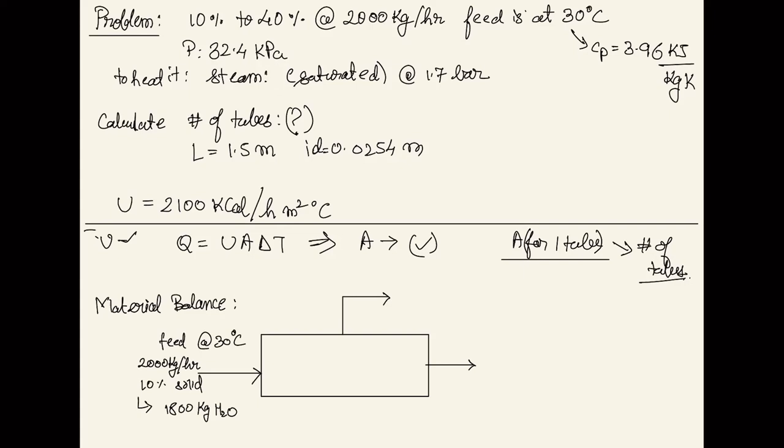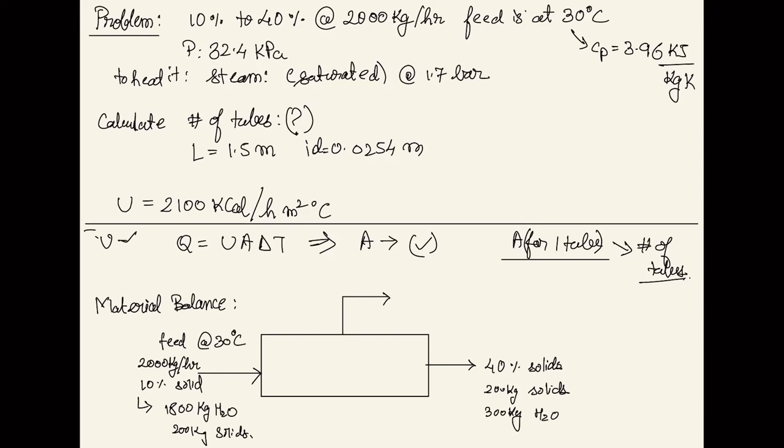This stream has 40% solids, so it will also have 200 kg solids, and 200 kg is 40%, so 100 kg is 20%, so 60% will be 300 kg, so it will have 300 kg of water.